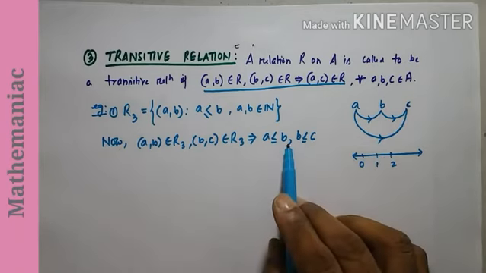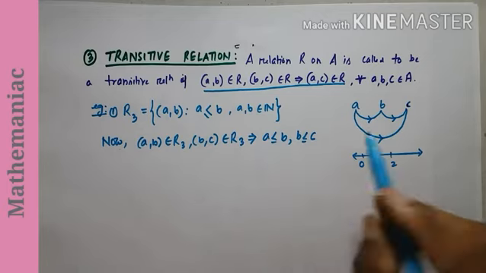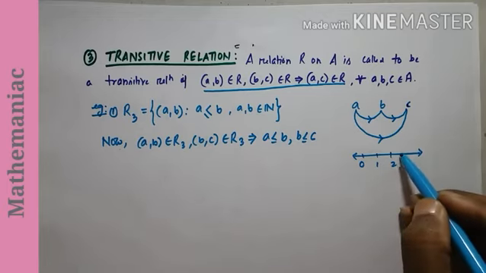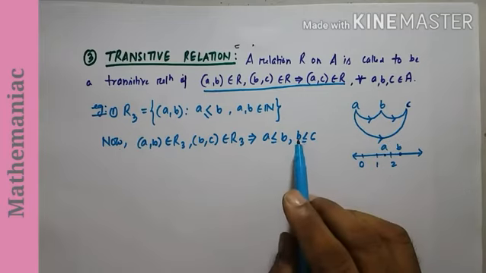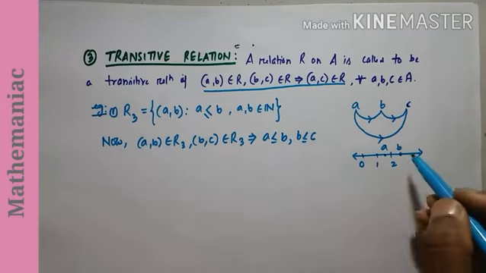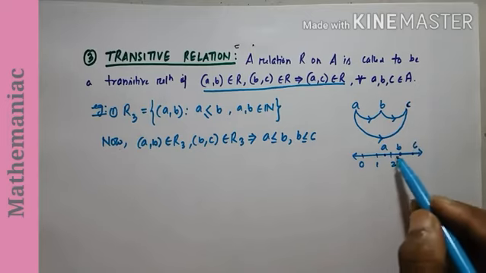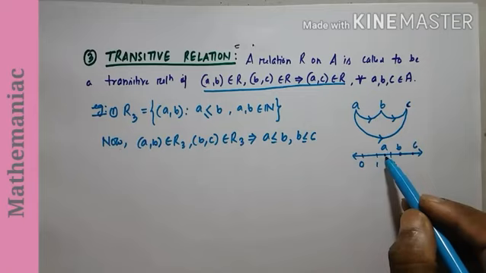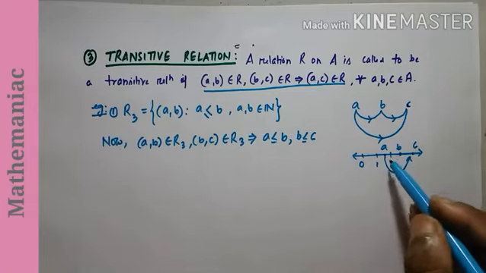So A and B, two numbers where B is either greater than A or maybe equal to A. So let us consider greater than only to observe. Say B is somewhere here and A is here. Now if B is less than or equal to C, so C will be either here or maybe here. Now what you can say very clearly, C is always tending to the right of A.